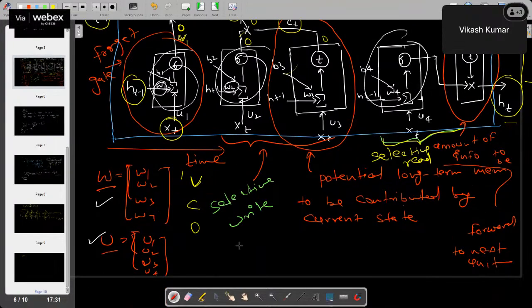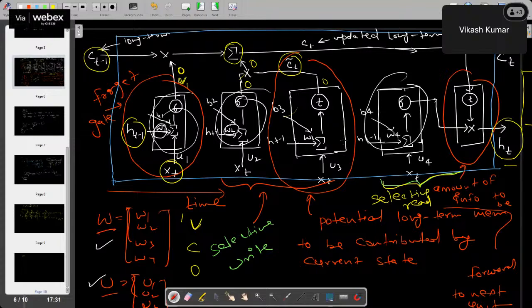Anyway, this is what we are going to minimize with the GRU. We can observe this forget gate is somewhat similar to the input gate, and this was basically the output gate, isn't it? All of them had the same input, they have their own weights, so they differ only in the weights and bias.